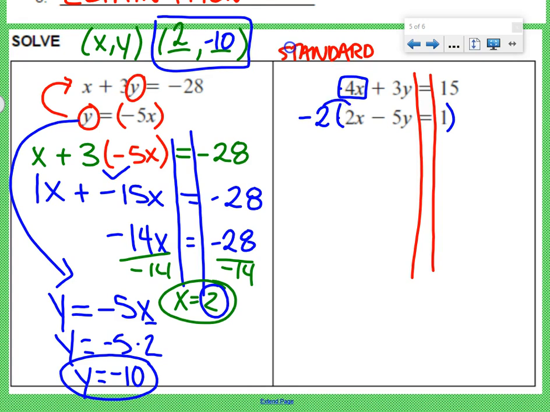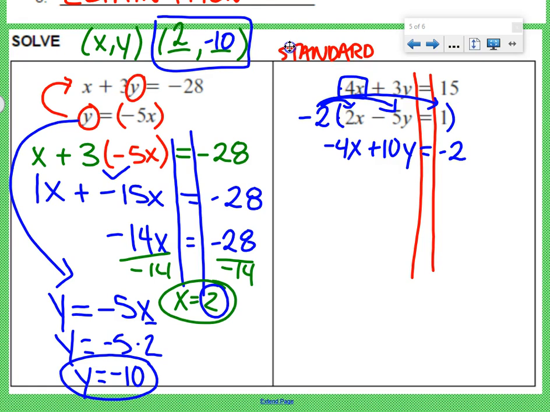So distribute the negative 2 to 2x, and we get negative 4x. But we have to multiply the whole equation. We can't just change the one term. So negative 2 times negative 5y is positive 10y. And negative 2 times positive 1 is negative 2.